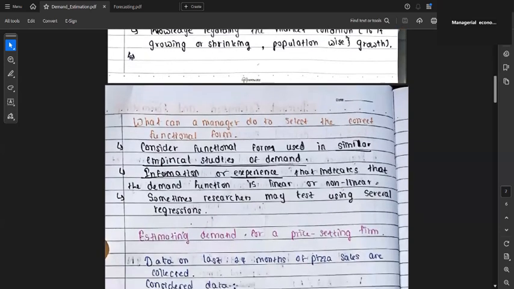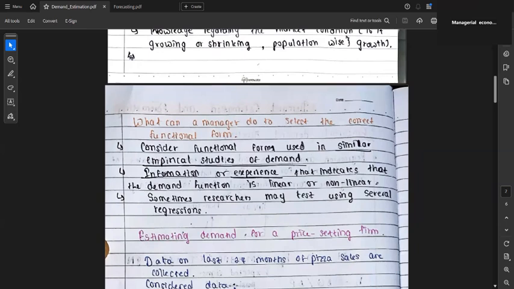Next, what can a manager do to select the correct functional form? As I said earlier, the correct functional form is necessary in order to obtain a proper regression function. So to assume a correct functional form, managers can follow these things. First, the manager may consider the functional form used in similar empirical studies of demand.